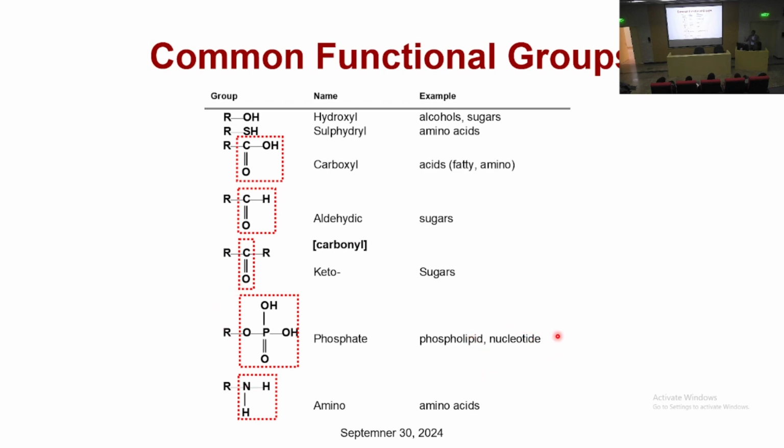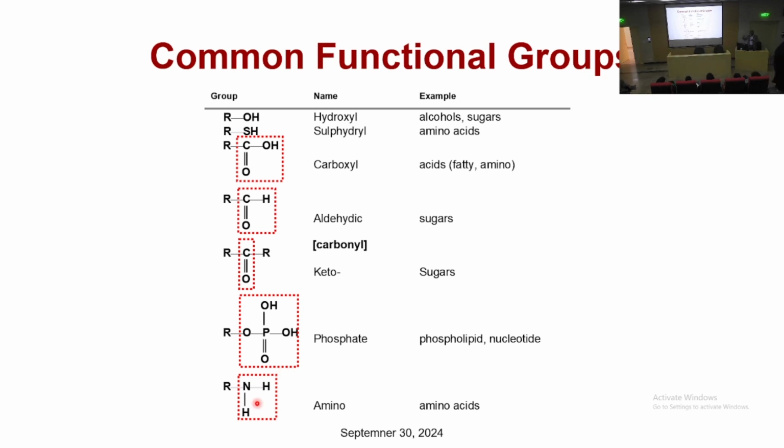Because, as I said from the beginning, understanding this basic stuff will facilitate your understanding when we talk about lipids, when we talk about sugars, when we talk about amino acids and proteins, when we talk about nucleotides. And then we have also the amino group. In amino acids we have the amino group, which is NH2.